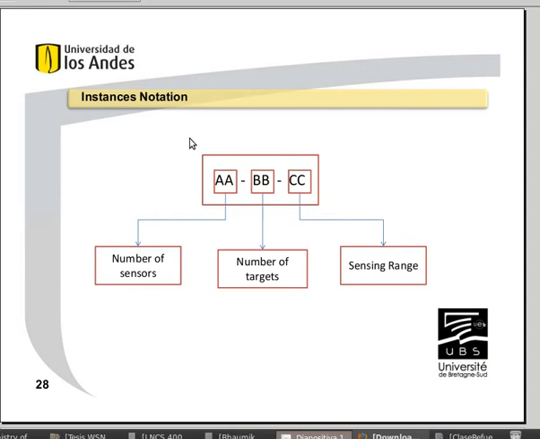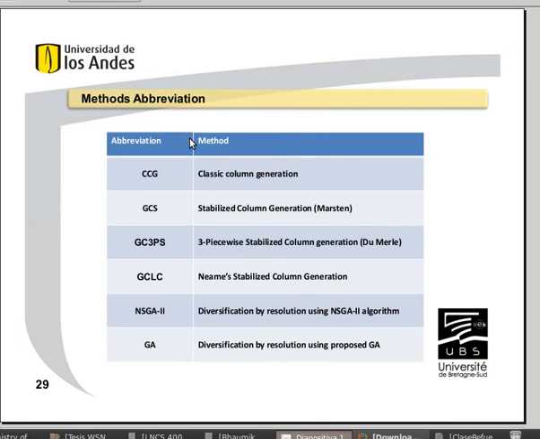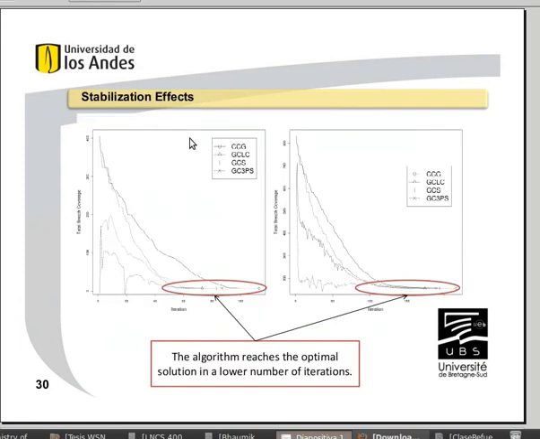Lastly, CC is related to the sensing range at which each target is considered covered by a sensor. In this slide, I'm presenting the nomenclature that was used to evaluate the different methods' behavior in the real instance.